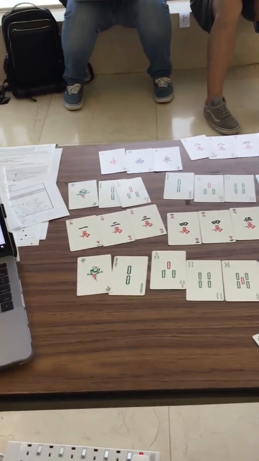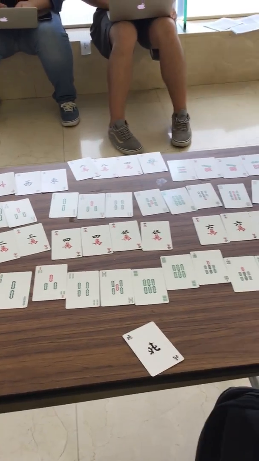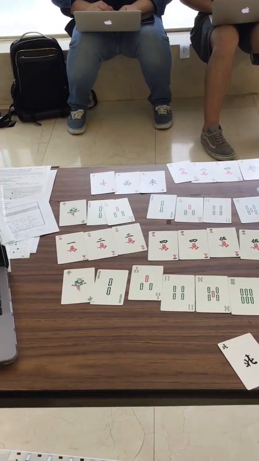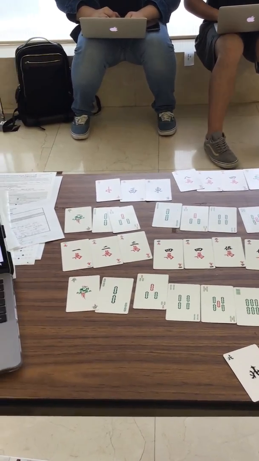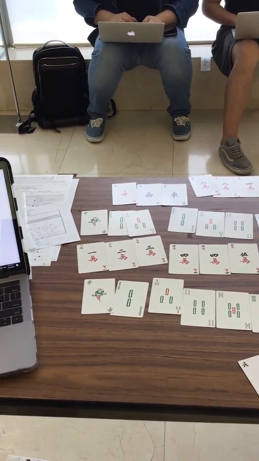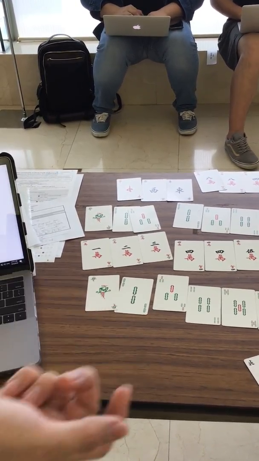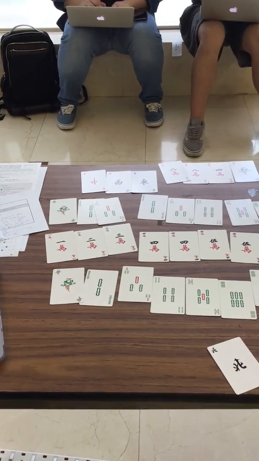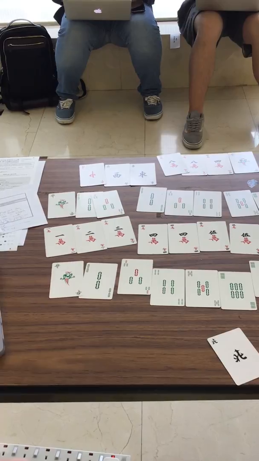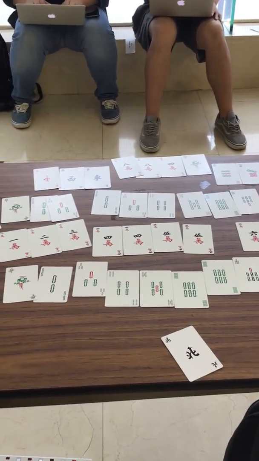You have 9 tiles to build the winning hand, so you have a higher chance of getting it. Is that always true? The more tiles you wait on, the better? It's always true, because either you draw it or someone will throw it, since there are more of them.